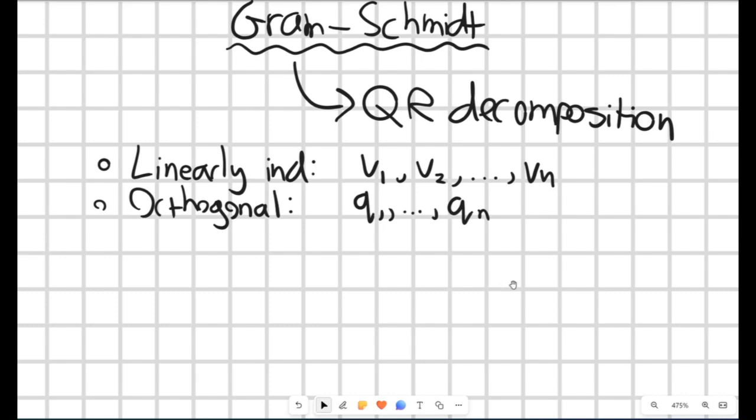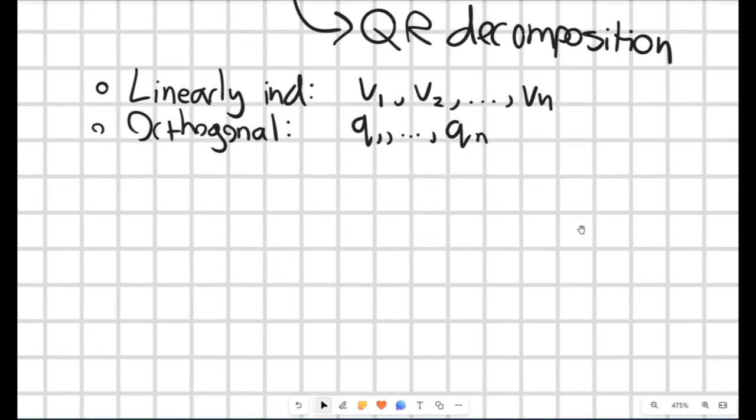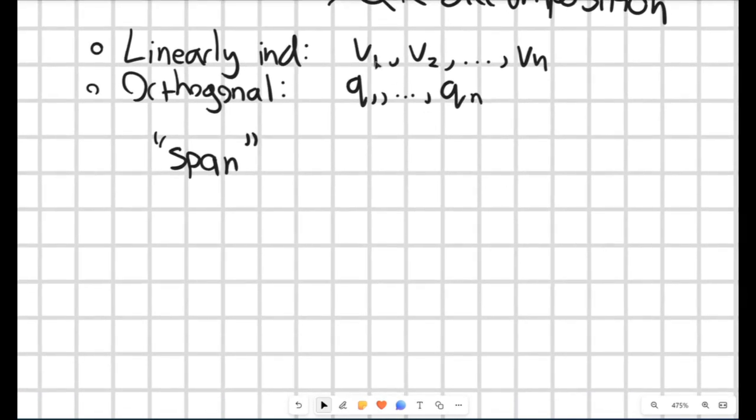And what we say is we want those orthogonal vectors to have the same span as our linearly independent vectors. So we're introducing this term span, which has a specific meaning in linear algebra. To work out what span means, if we look at these vectors defined by the v's, it's essentially all the linear combinations that you can create from these vectors.